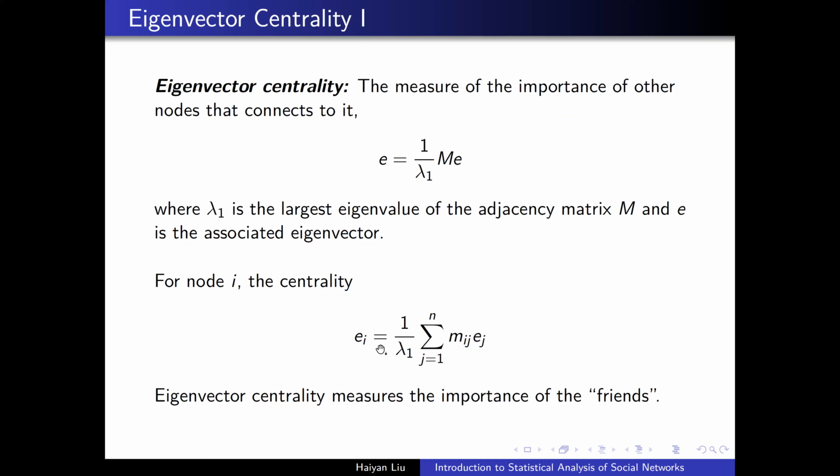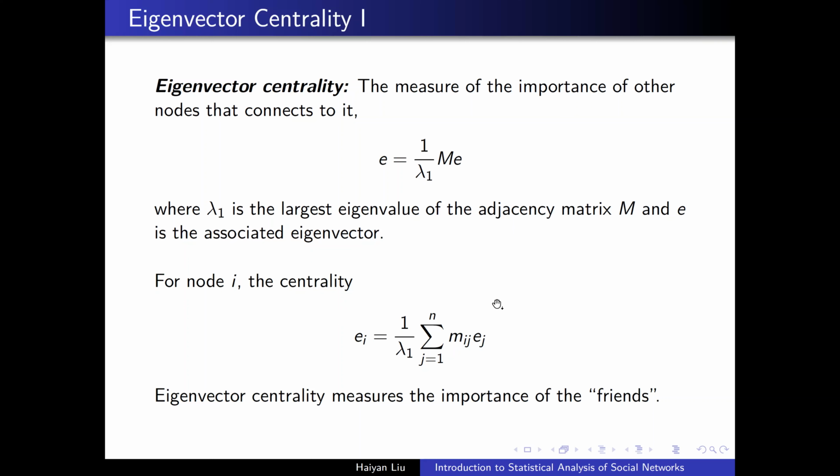For instance, in the college friendship network, we sum up those who connect to node i, of course penalized by the eigenvalue. Therefore, eigenvector centrality measures the importance of the friends of actor i.